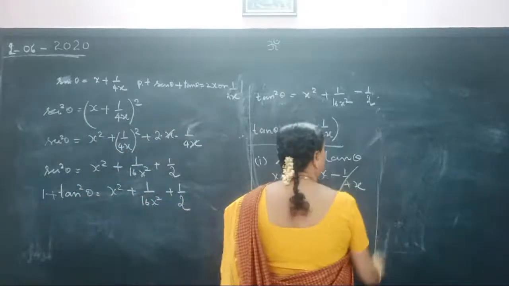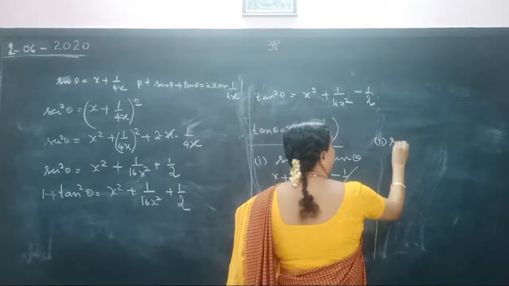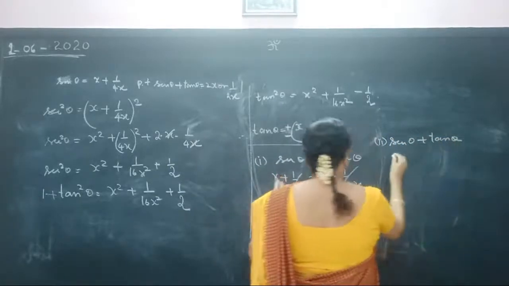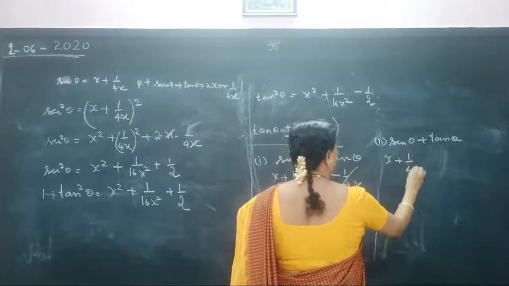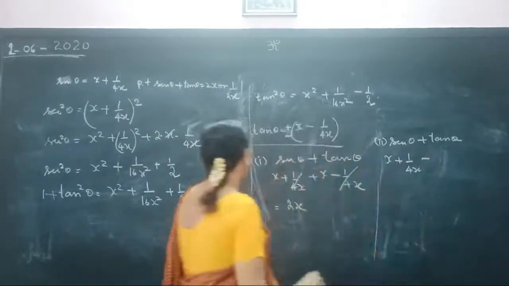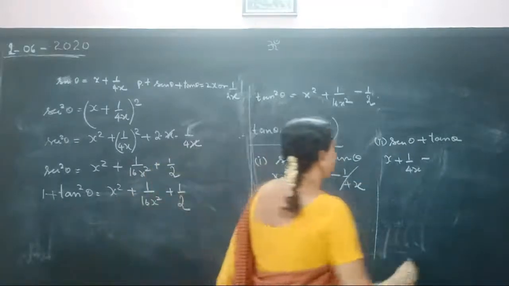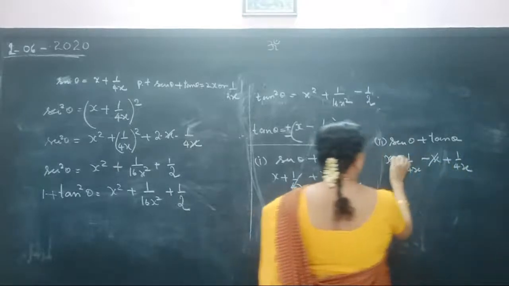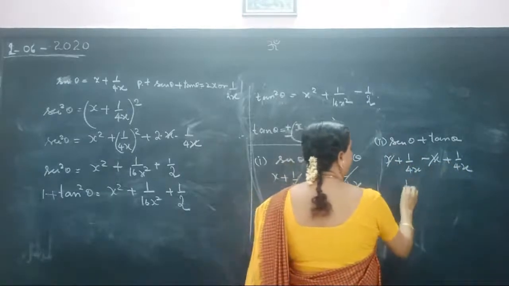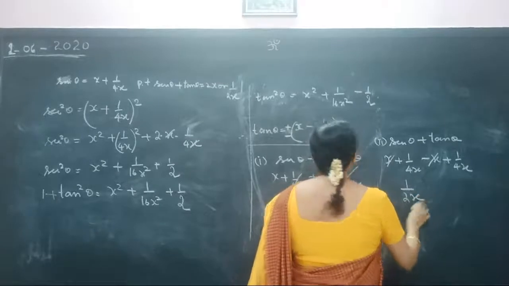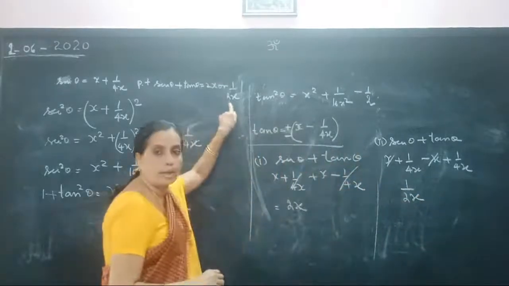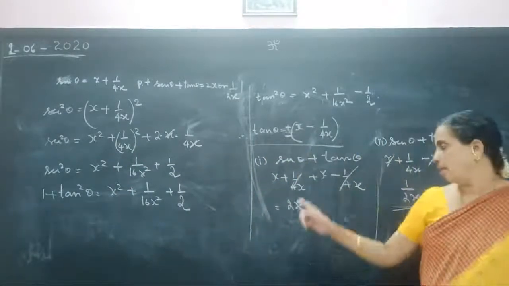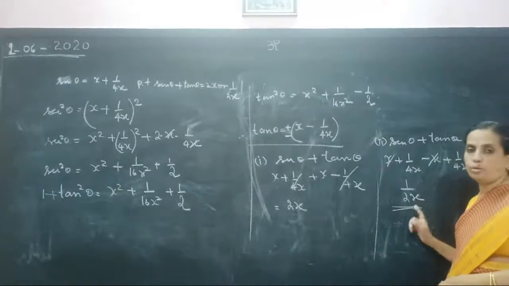Or second condition, secant theta plus tan theta: we write secant theta as x plus 1 by 4x, and tan theta we take as minus of this, that is minus x plus 1 upon 4x. Cancelling, 1 by 4x plus 1 by 4x is 1 by 2x. So here we prove the value is either 2x or 1 upon 2x.